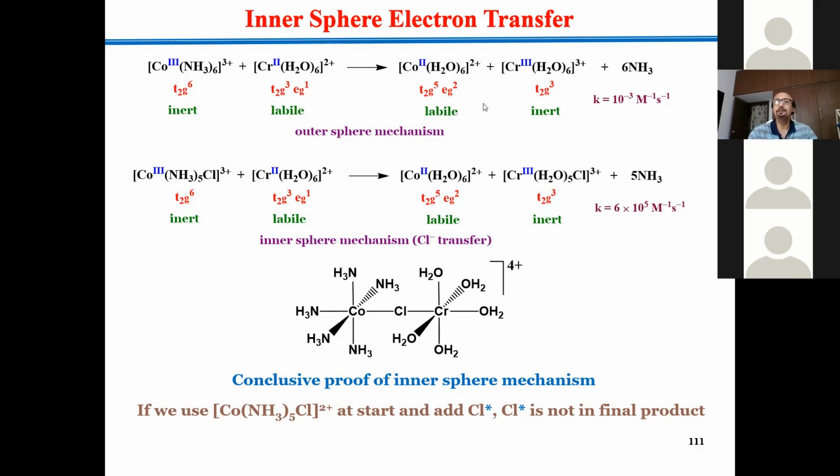This reaction is being carried out in aqueous medium, so it is labile. As a result, this compound is essentially getting hydrolyzed. That means cobalt 2 hexammine is initially formed, and that gets hydrolyzed to cobalt 2 hexaquo. And why is it getting hydrolyzed? Because of its labile feature.